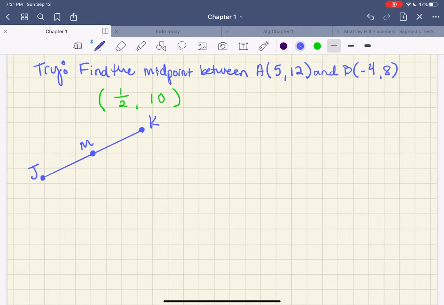So JK, and we know the midpoint. The midpoint is going to be 3, -5. So that is going to be a known point. And then K is going to be -1, 2. All right.